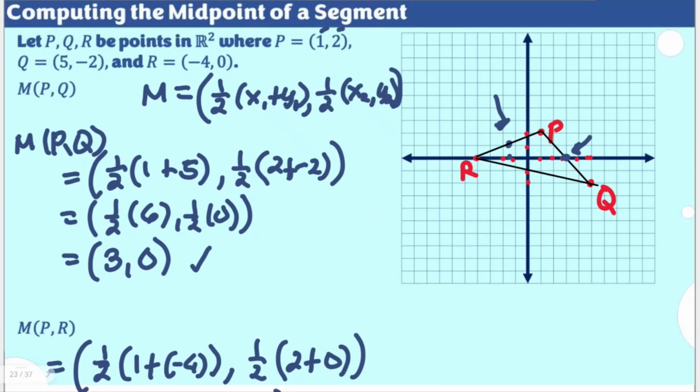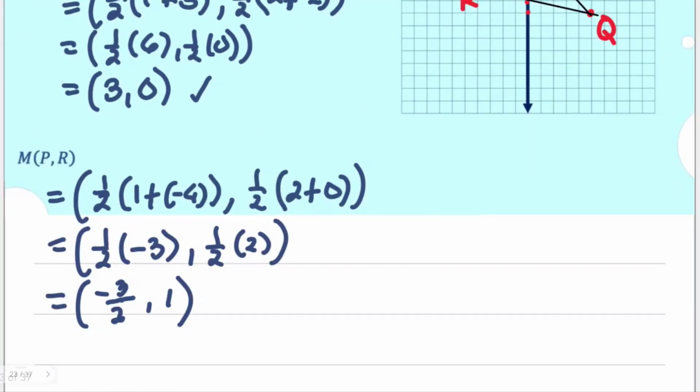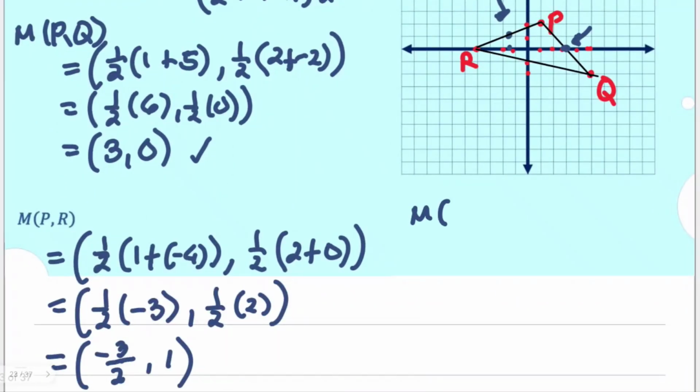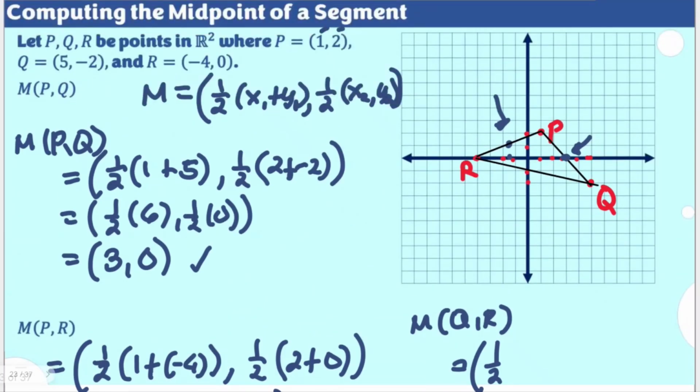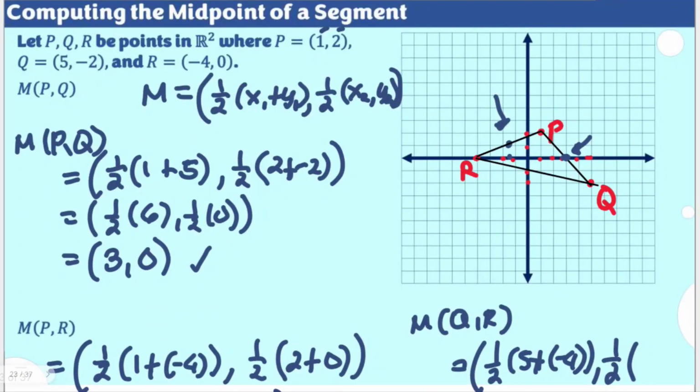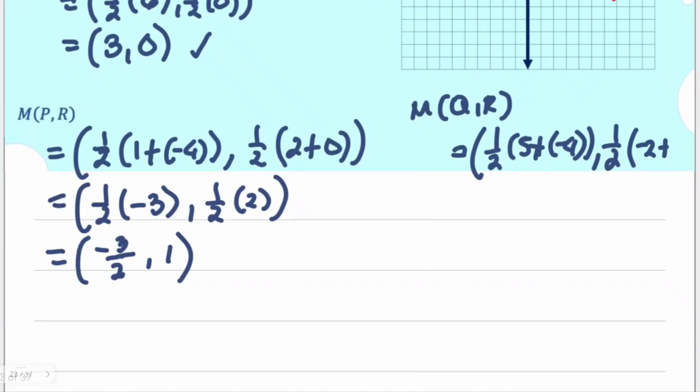Here I don't have the third one, but since we have plotted the segment there, let's also compute the midpoint between Q and R. So again, 1/2 of the sum of the components. Your Q is 5, so 5 plus -4, and then 1/2 of your second components, -2 plus 0.